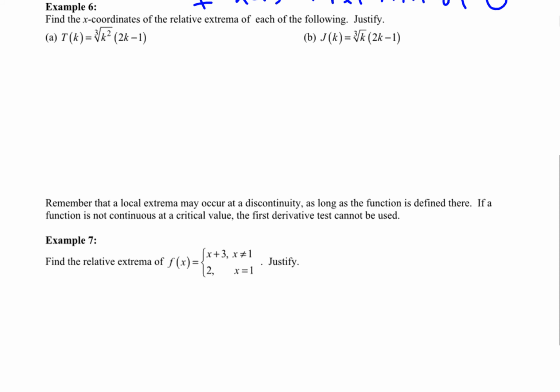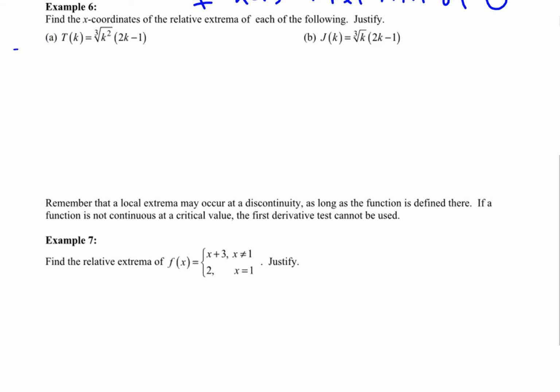I don't know. Find the x-coordinates of the relative extrema. So this time we don't care what the extreme values are, we just want to know where they occur. So we need to take the derivative, t prime of k, and that is k to the 2/3 power times 2k minus 1. So actually, before I take the derivative, I think I'm going to simplify that.